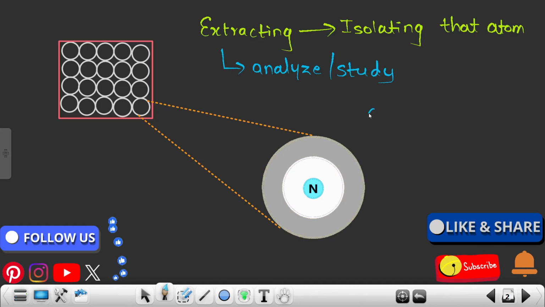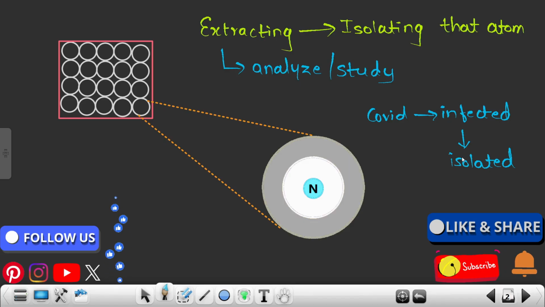During COVID-19, the infected patients were isolated. They were kept in one single room under observation, and the doctors were studying the infection on the persons who were infected by that virus. So doctors were analyzing that person, or rather studying that particular virus.